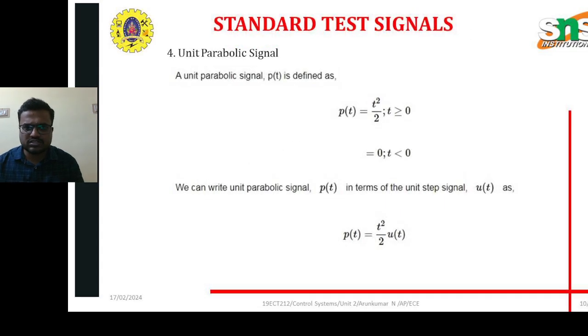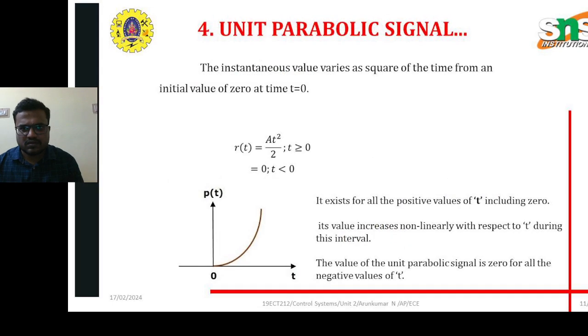Parabolic signals can generally be applied for many input signals at a single time. It can be represented by p(t) equal to t square by 2, for t greater than or equal to 0. Up to this condition, we can use this value. The instantaneous value varies as the square of the time from an initial value of 0 at time t equals 0.